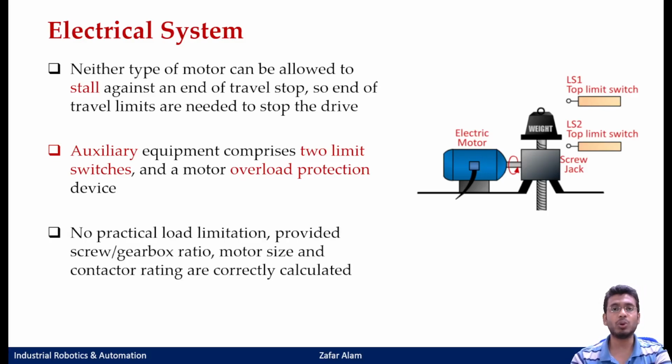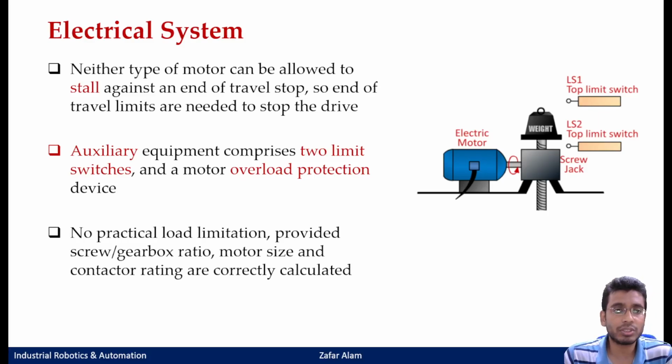Okay, if you talk about the load limitation, there will be technically no load limitation if you use motors, because you can increase the horsepower rating of the motors if the load is very heavy, and then you can have your particular selection of gearbox ratio of your screw jack mechanism, so that you can lift up to a certain height, and also a certain amount of weight can be lifted. All those arrangements can be easily done by selecting the right capacity of the motors.